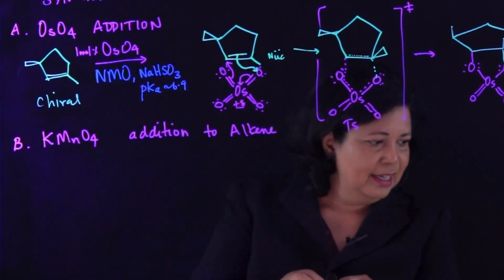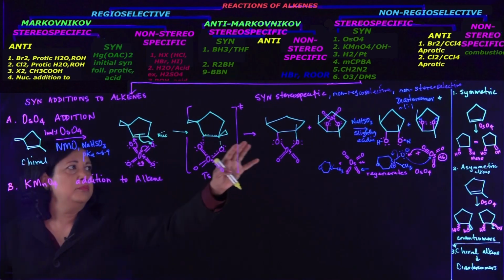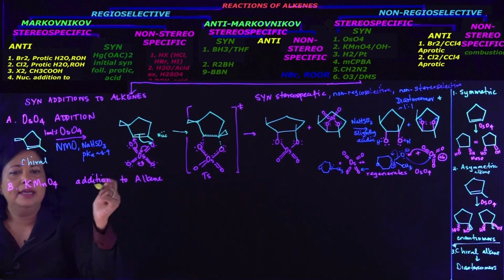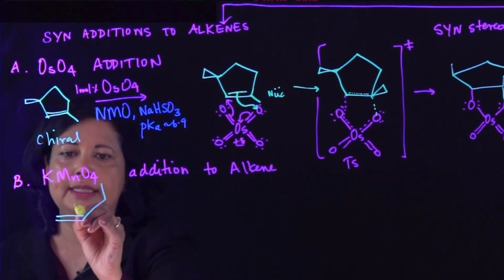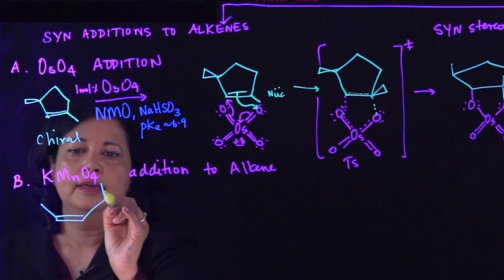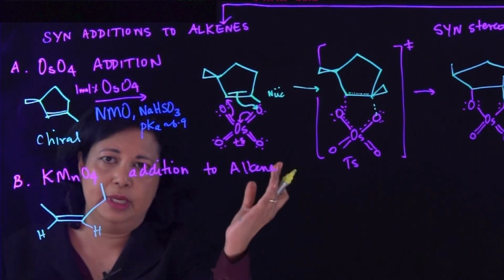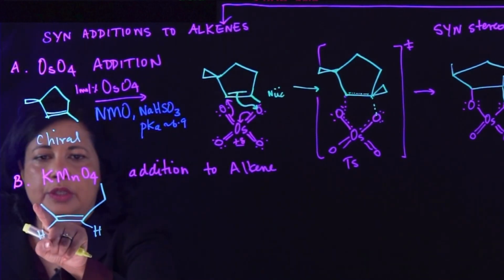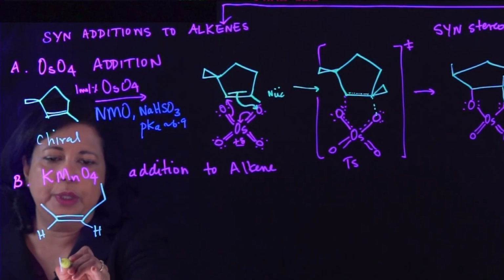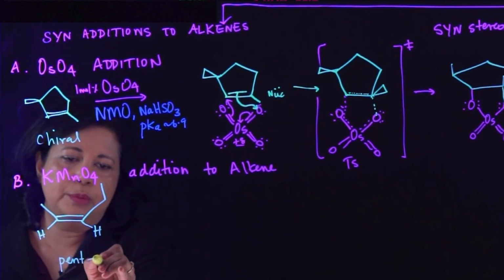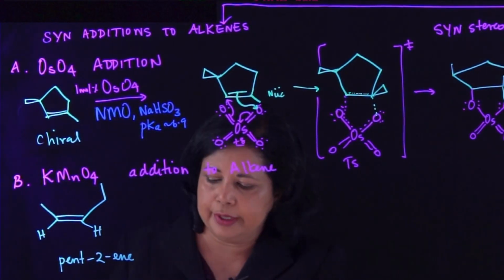All right, let's do a KMnO4 addition to an alkene. I've been using mainly cyclic compounds. Let's do an example where you have an open chain. Let's say I have an alkene like this, a cis alkene, could have been trans. And let's say this is carbons 1, 2, 3, 4, 5. So it's a pentene, but since pentene has a choice between E and Z, we have to specify what that is.